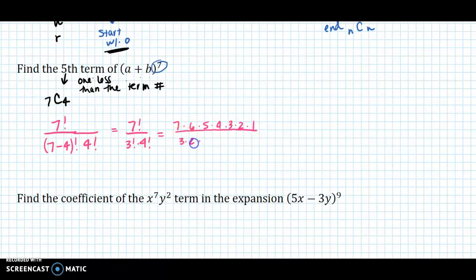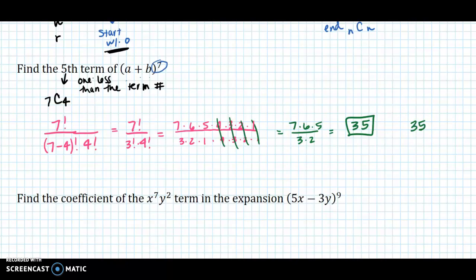And then 3 times 2 times 1 times 4 times 3 times 2 times 1. So these are going to cancel. So you have 7 times 6 times 5 on the top, and then you have 3 times 2 on the bottom, which ends up giving you 35. So that's the leading coefficient. Your term would be 35.